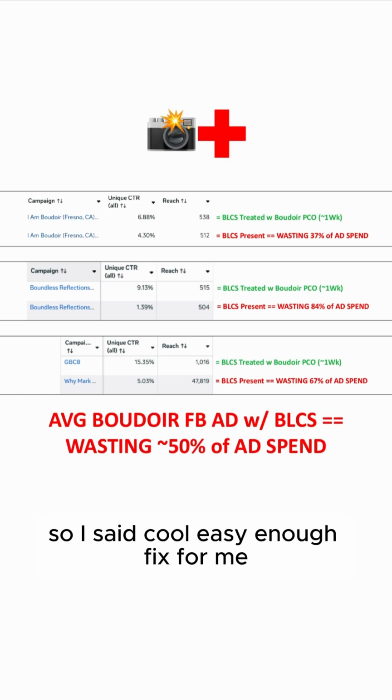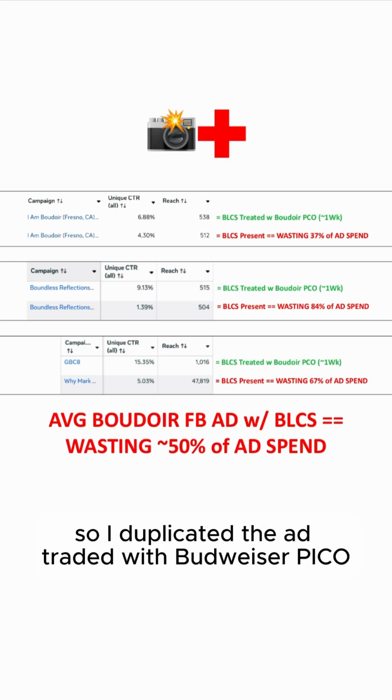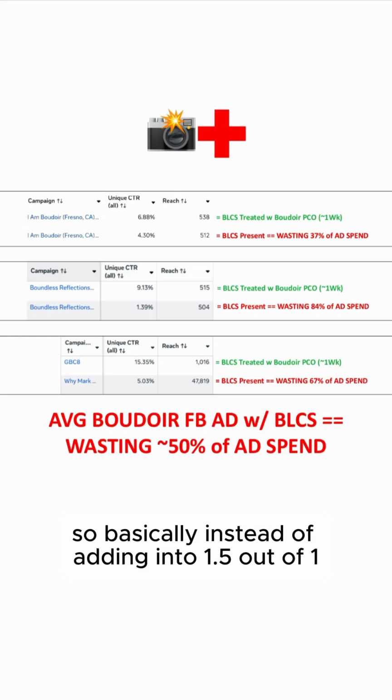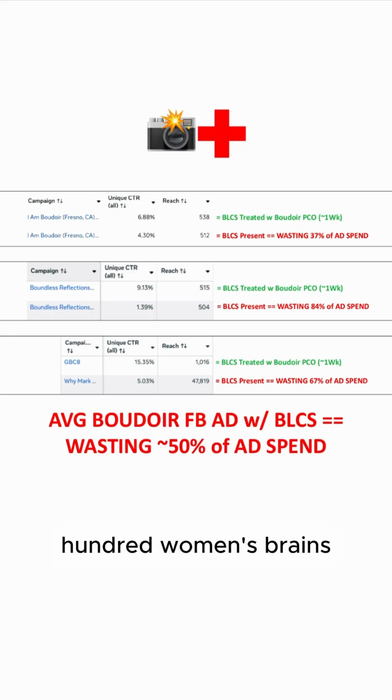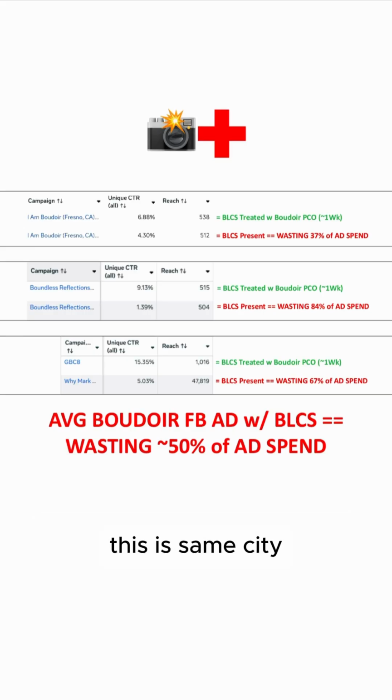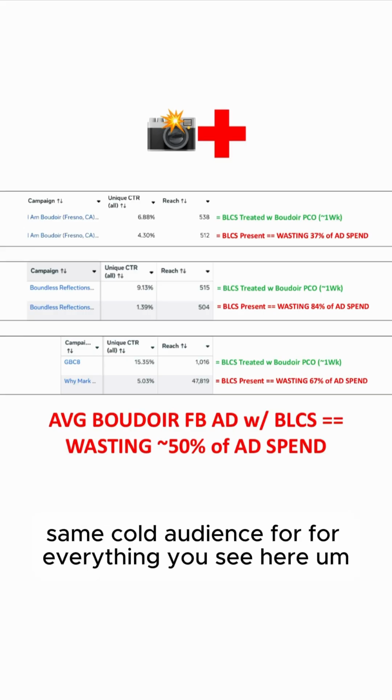I said, cool, easy enough fix for me. I duplicated the ad, treated it with Boudoir Pico, which took about a week, and got the unique CTR all the way up to 9.13%. So instead of their ad getting into 1.5 out of 100 women's brains, now we're getting into 9 out of 100 women's brains. It's the same city, same cold audience for everything you see here.